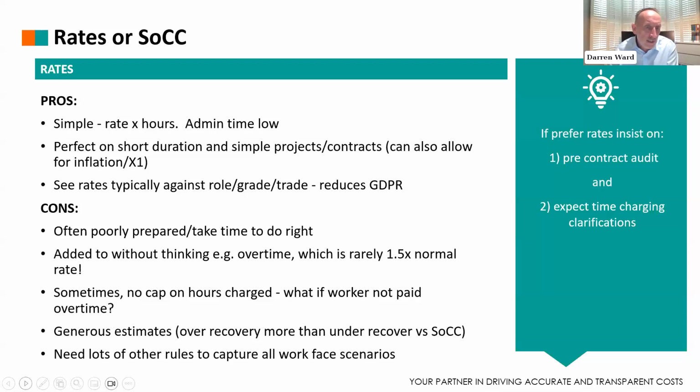The other one with rates is sometimes there's no cap on what can be charged during a day. So John Smith this time at £30 an hour, he's salaried. He doesn't get paid overtime. But on the rate card, he can charge the hours he physically works on his timesheet. If he works a 12-hour day, when his normal day is 8 hours, under the contract, you'd arguably charge 12 hours at £30 an hour.